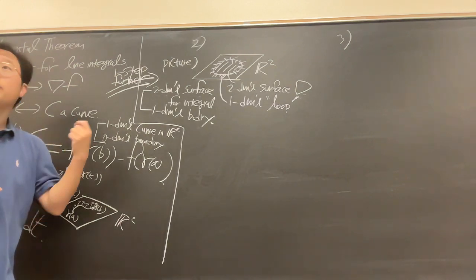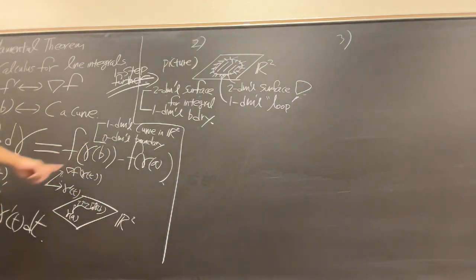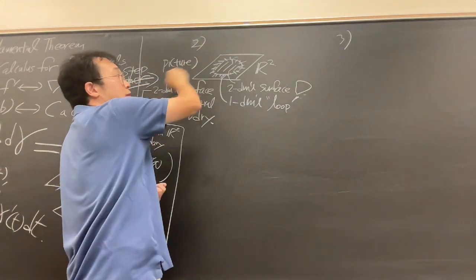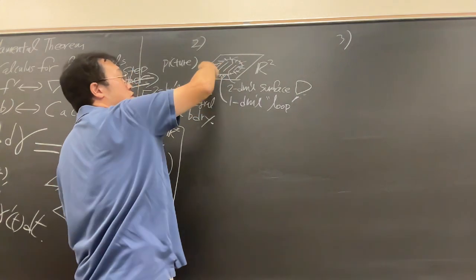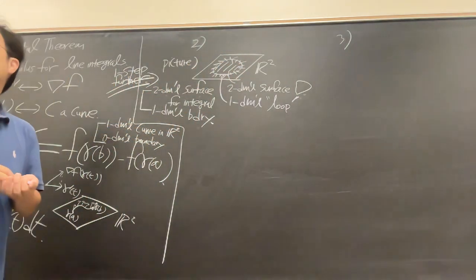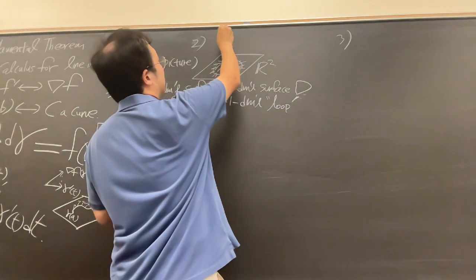So what we'd like to do now is make such a statement in this setting. Let me just repeat. We'd like to take the integral now on the two-dimensional surface that is enclosed by the one-dimensional loop. And we'd like to establish the fundamental theorem of calculus still. This statement is called Green's theorem.